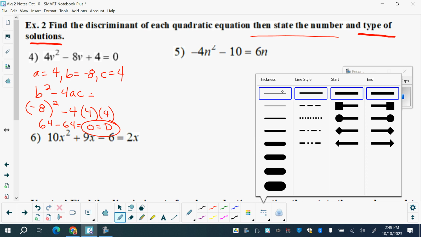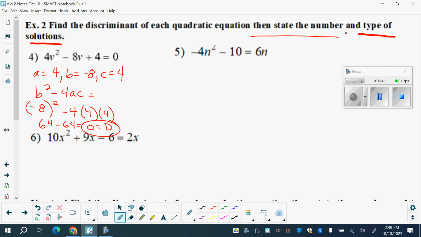The square root of 0 is 0. It's not positive or negative, so that's one real root. One real solution. So you have 2 parts to your answer on this one: what the discriminant is and the number and type of solutions. Not too hard.